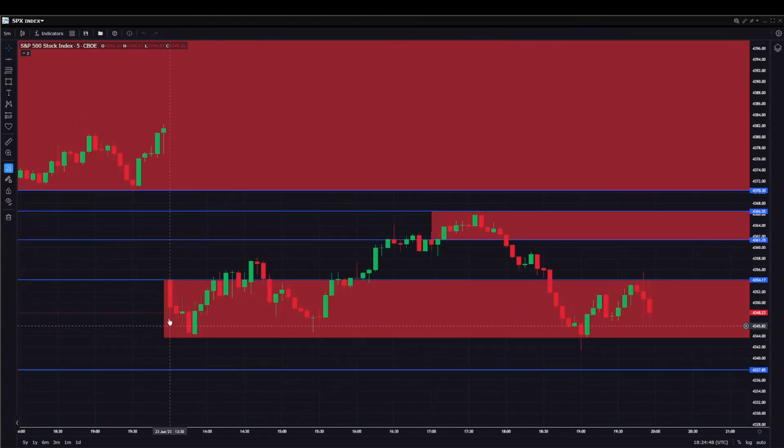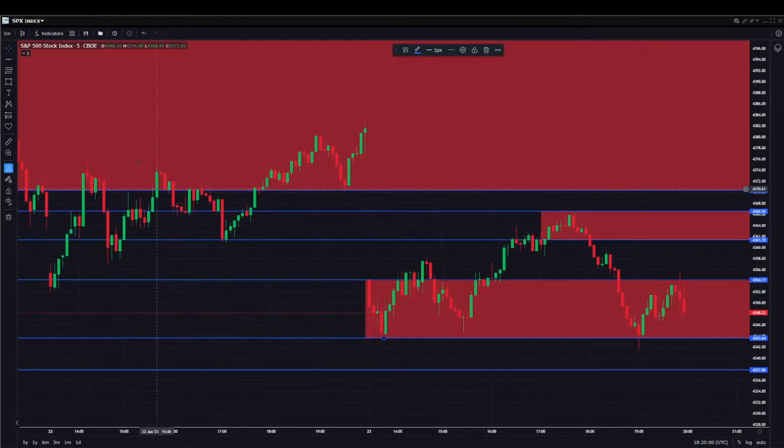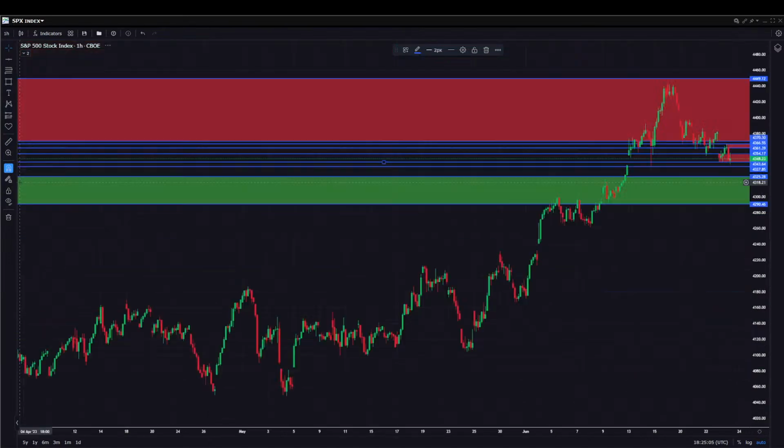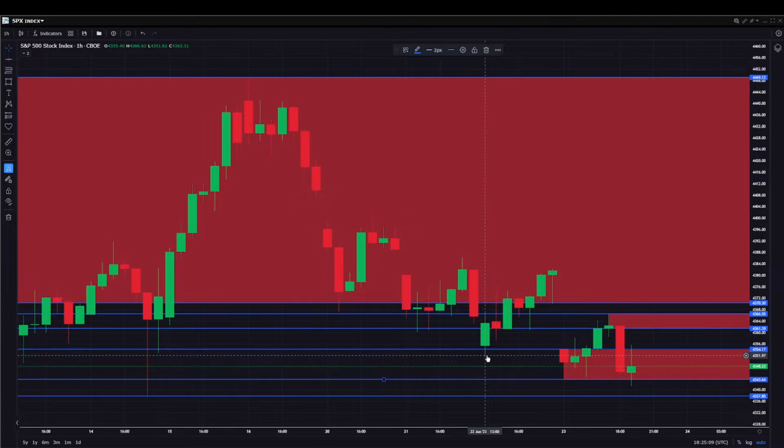But you can see how this zone here was an important level, of course. So coming into this, it was such a big, large zone.